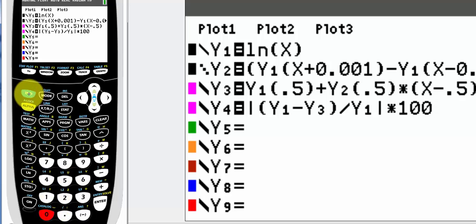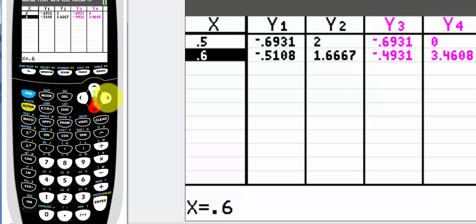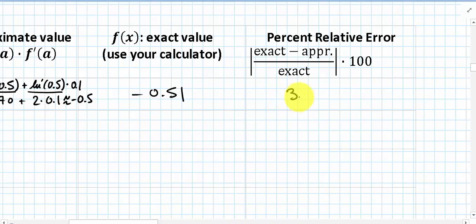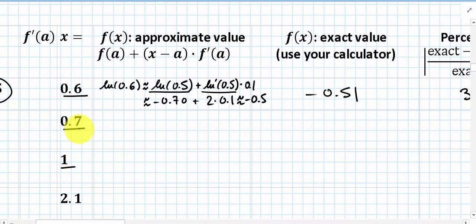So now let's check out the mistake we're making, the percent error we're making. The percent error I'm making at 0.6 is about 3.46%, right? 3.46% right here.